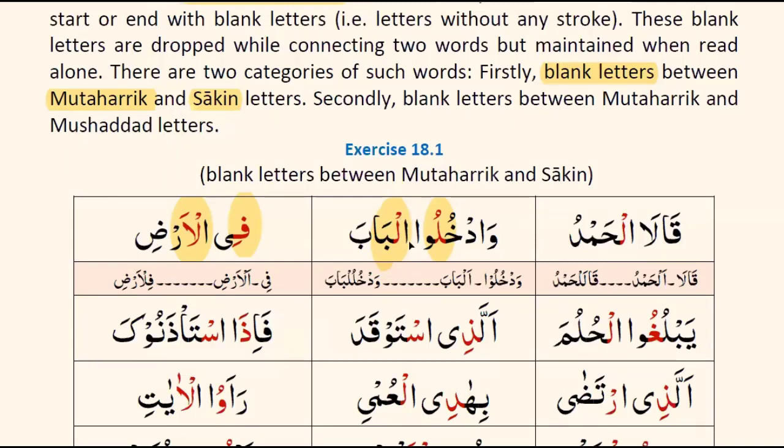We are not going to pronounce these two alifs in between, which do not carry any stroke. It would be pronounced as wadkhulul baba. So the lam, which carries a dhamma, and the lam with sukoon, we are going to join together. Okay, I hope it makes sense to everyone.